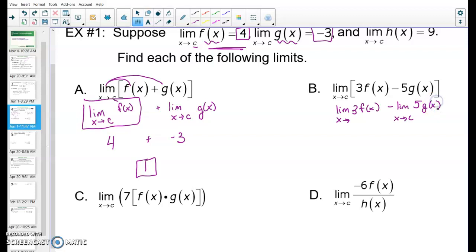Now I have a function, f of x and g of x, but I have a constant number out in front. So I'm allowed to move that constant number out to the front, so I have 3 times whatever value I get as my limit of x approaches c of f of x. And then I'm going to do the same thing for my g of x function, move that 5 out to front.